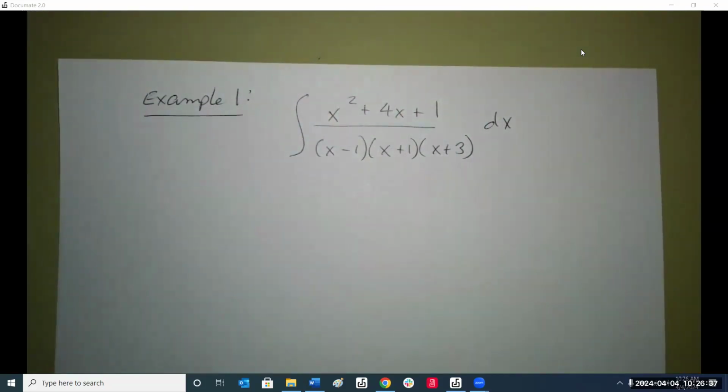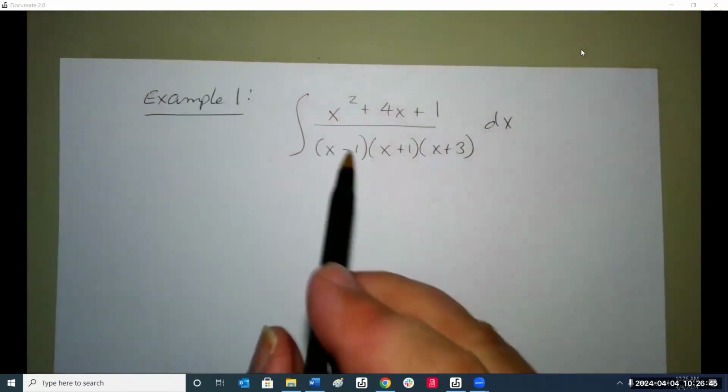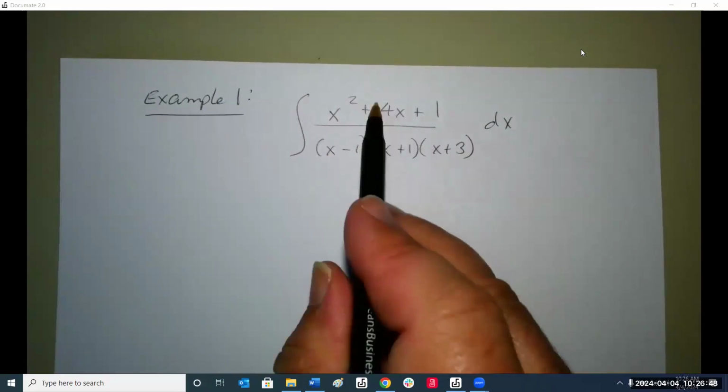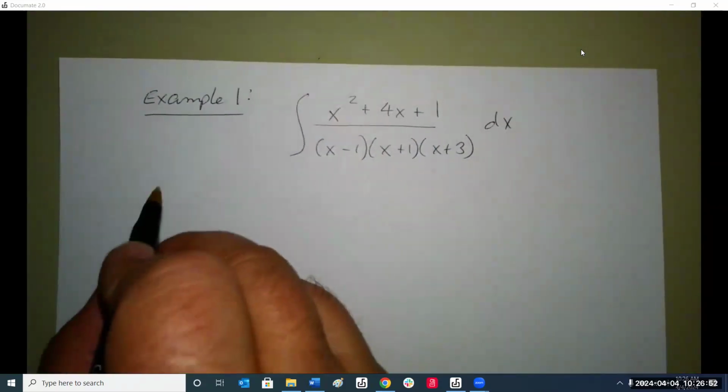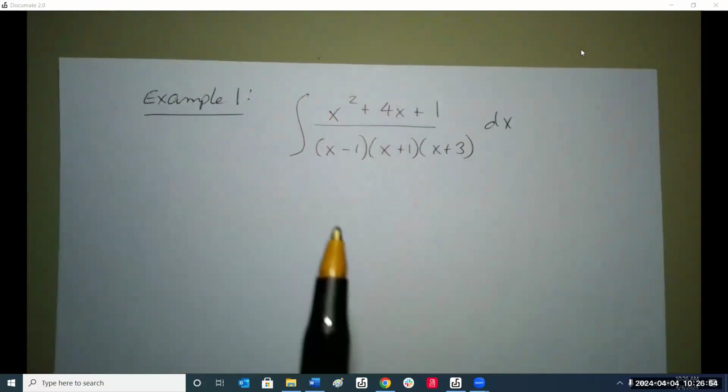All right, so if we look at the first one, we notice that the degree of the numerator is 2, and the degree of the bottom is 3. So it matches the first condition. So we use partial fractions.